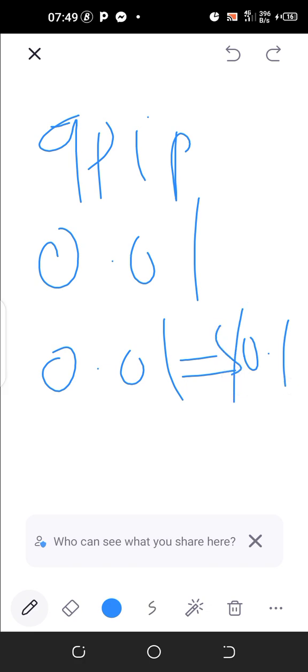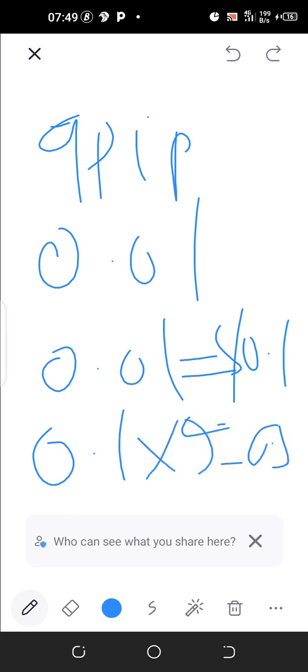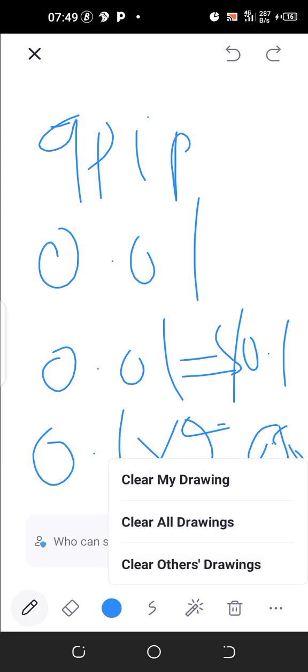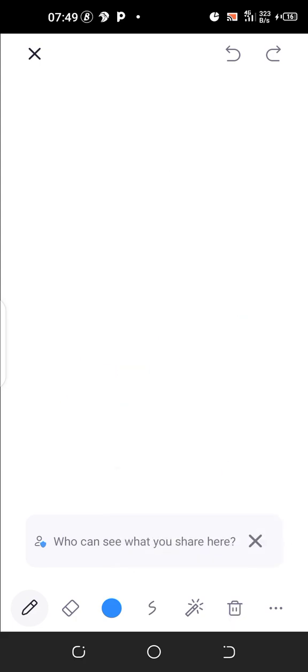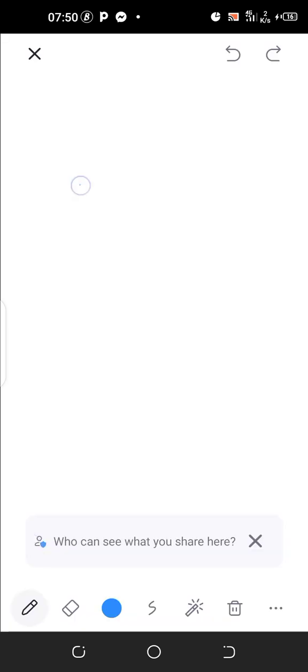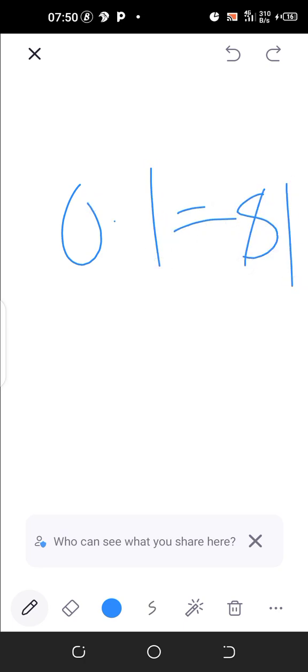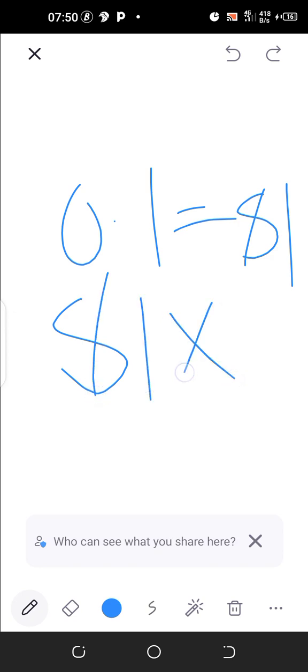Now, 0.1 times 9 equals 0.90 cents. So you should know that you'll be making 90 cents. Then if you're using 0.1 lot, which is equivalent to $1, it will be $1 times 9, which equals $9.